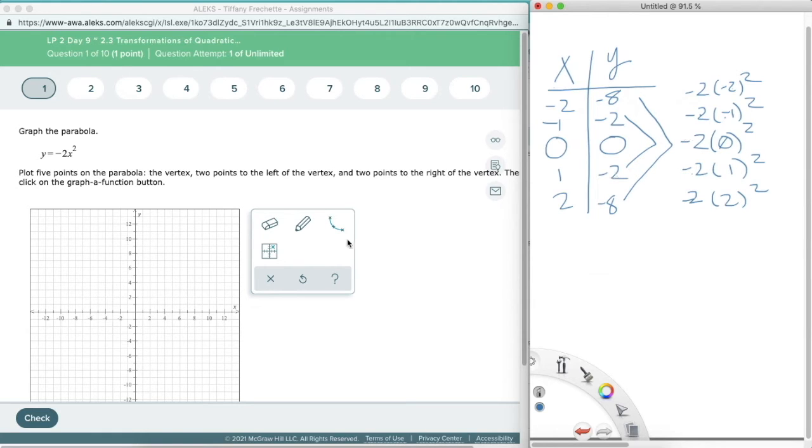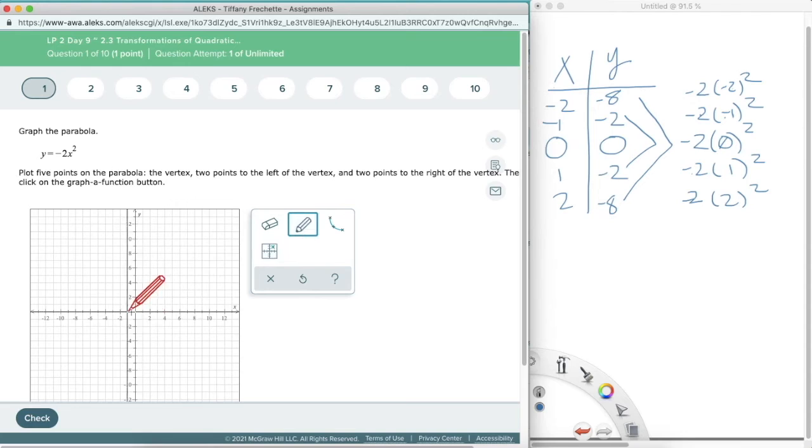If I don't see that happening, I need to go back and check my math and make sure that something hasn't gone wrong. So now I'm going to go (-1, -2), (1, -2), (2, -8), and (-2, -8). All right, so I can definitely see that's mirroring.